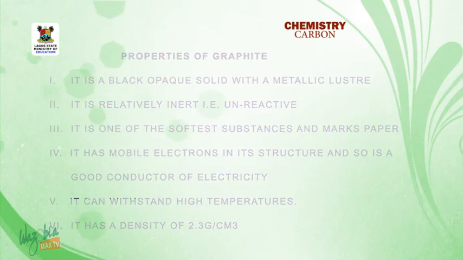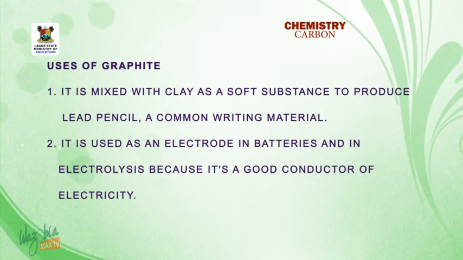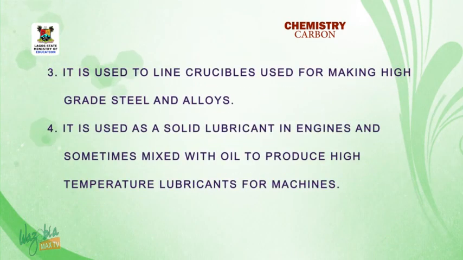Let's consider the uses of graphite. 1, it is mixed with clay as a soft substance to produce lead pencil, a common writing material. 2, it is used as an electrode in batteries and in electrolysis because it's a good conductor of electricity. 3, it is used to line crucibles used for making high-grade steel and alloys.